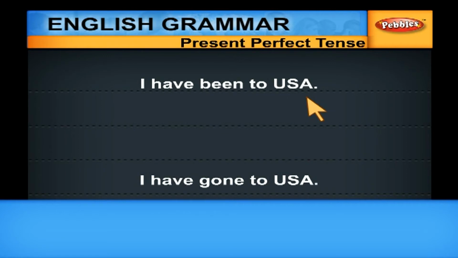It doesn't mean that I am in USA now. When I say I have gone to USA, then it means that now I am in the USA. So, have been refers to your going to a place at some point of time. When you say I have gone there, it means that physically you are now in that place.